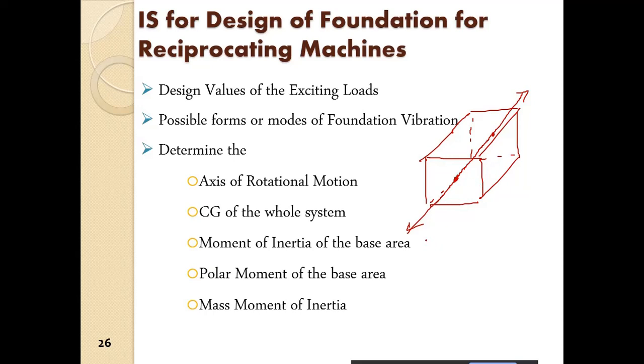About that axis, the mass moment of inertia is 1 by 12 M into, if this is H and this is D, H square plus D square.